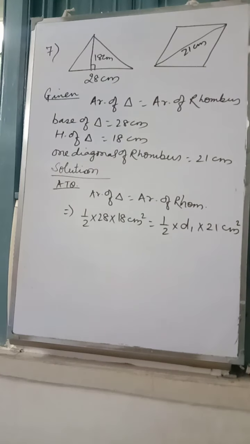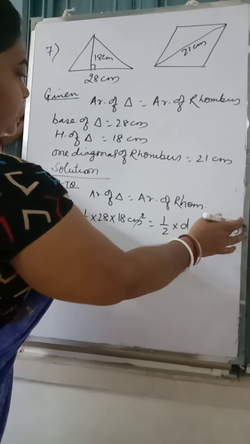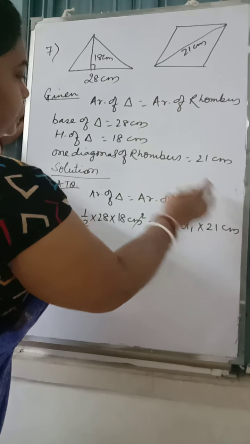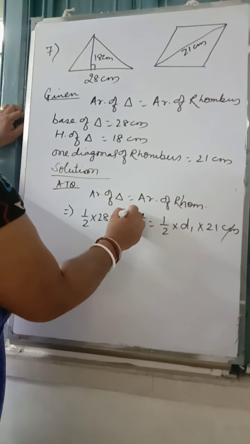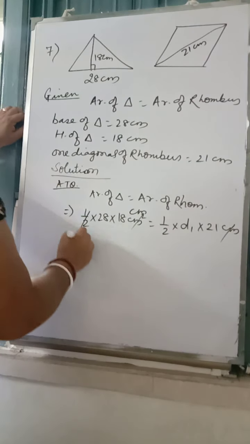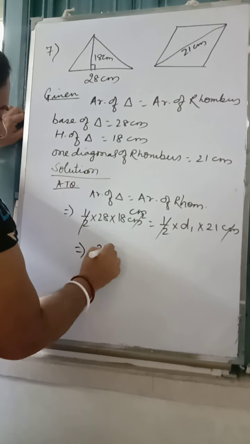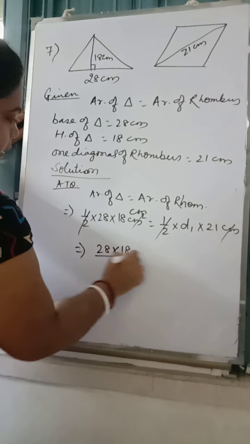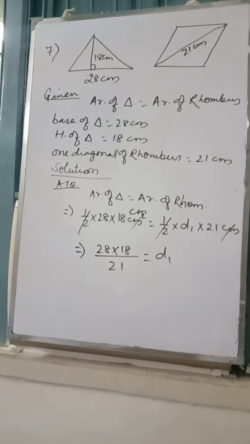Now centimeter square and centimeter, so I am left with 1 centimeter. Half I can cancel. Now 28 into 18 divided by 21 can give you diagonal 1.